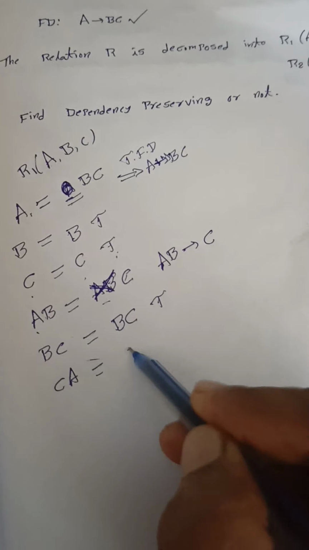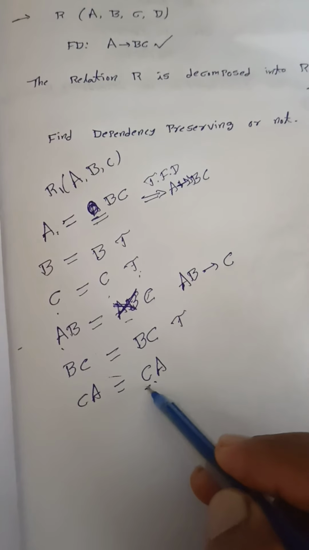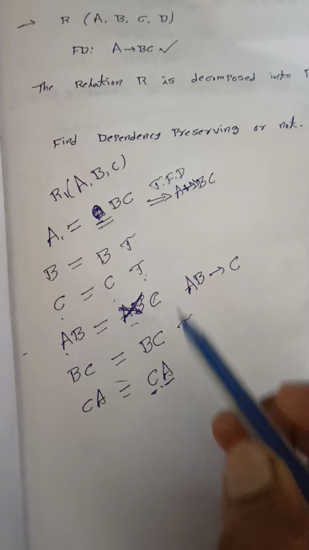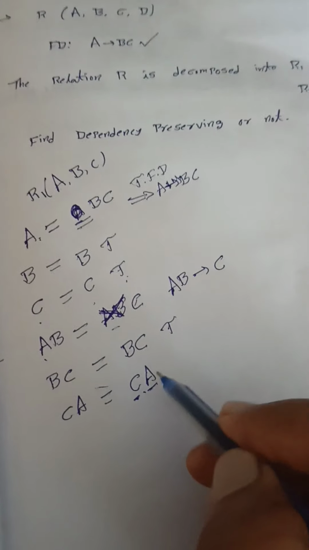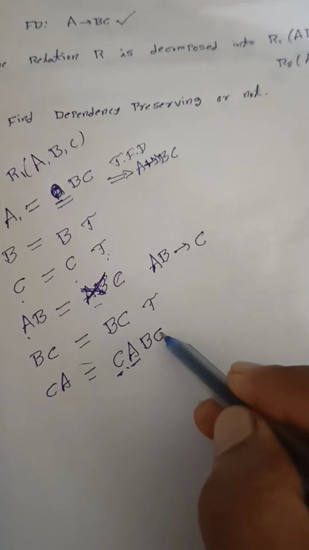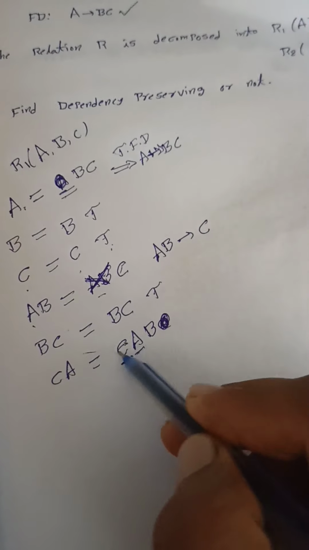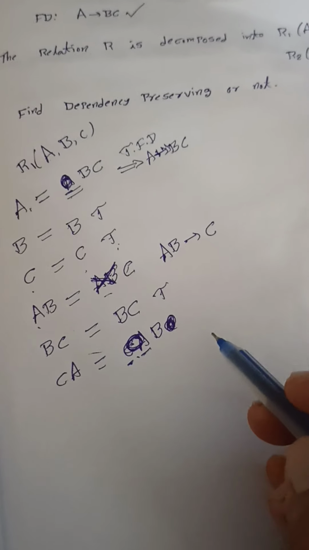Next CA: CA derives CA, and C does not derive any attributes, but A derives BC with the functional dependency. So we will consider BC, and C is a duplicate, so we will remove it. CA is also trivial, so we can't consider it.